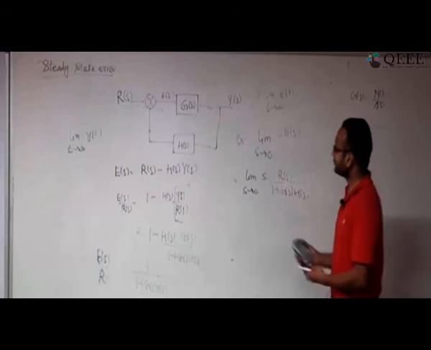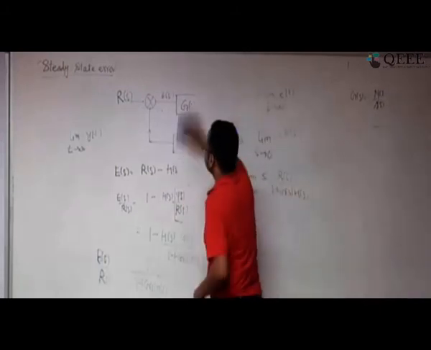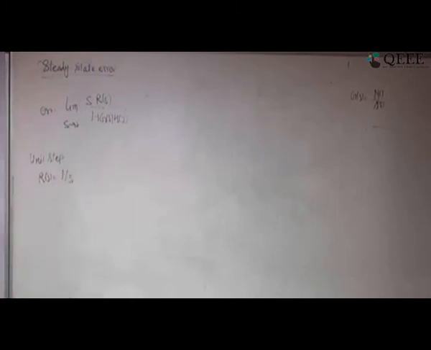So this diagram is clear to all of you. Now if I take my input as a unit step input, then what will happen? Input R of S is going to be 1 by S, correct?